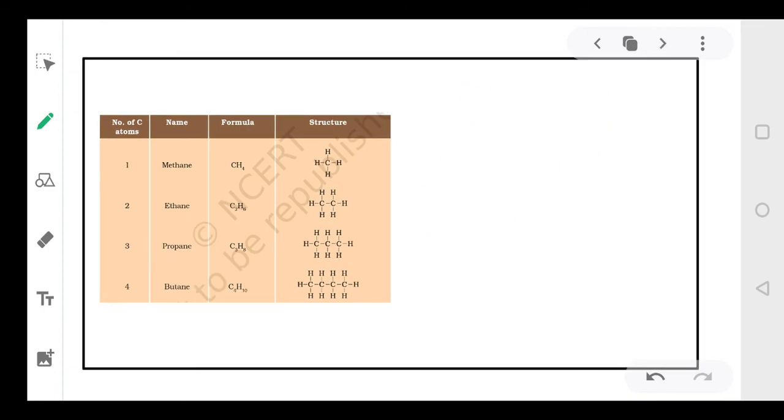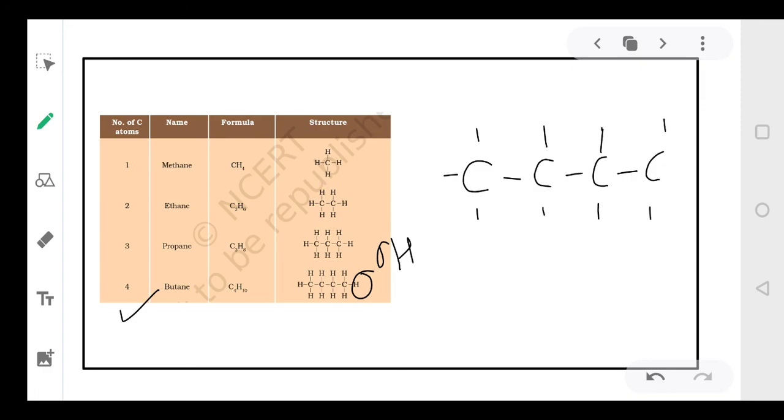Likewise, in the case of butane, we replace one H with OH. You will have all the H here, except one H which is replaced with OH.